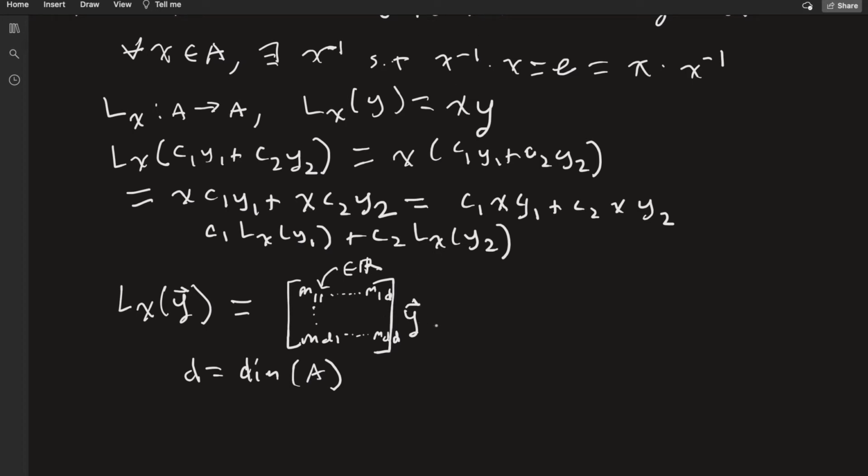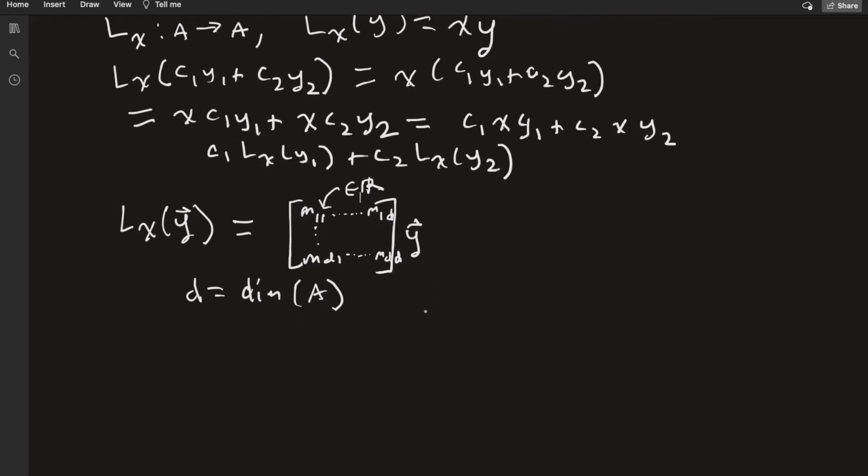Now we see that we want to find some eigenvalues of this transformation, right? So the way you find eigenvalues is to take the characteristic polynomial and find its roots.